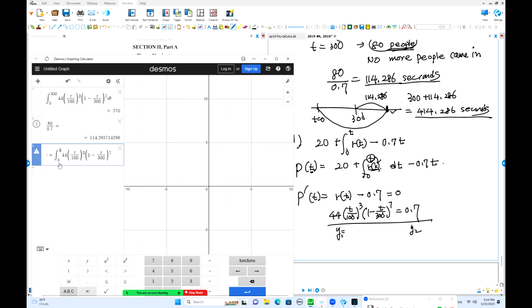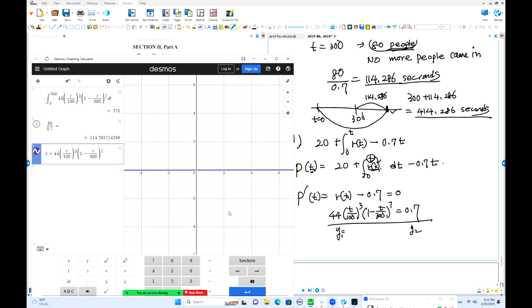That's why I get this one. No, we're going to make this one. Not the integral. We don't need the integral, just y equals 44 times t, the graph of this one. Okay, up to here. That's the graph.